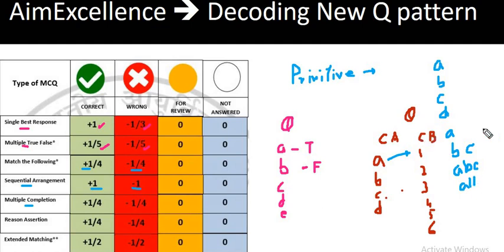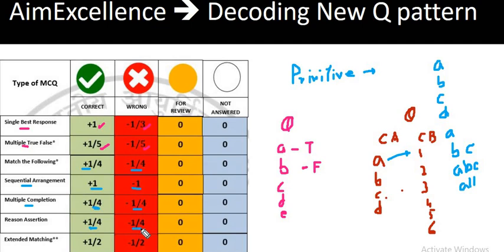So if you mark the options correctly, again you are going to get marks for each and every option, +1/4 or -1/4.